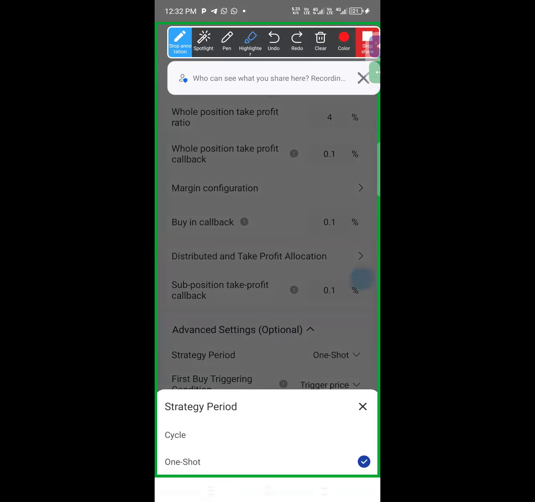The difference between the cycle and the one shot is simple. When you place a trade on cycle, it simply means you are anticipating to buy more after the trade is closed. So when the trade closes, the strategy will be used again to buy. So let's assume you bought it at 108 and now the price is at 110. When you make your profits here on 110, it will still buy it at 110 and then also sell it at 112.